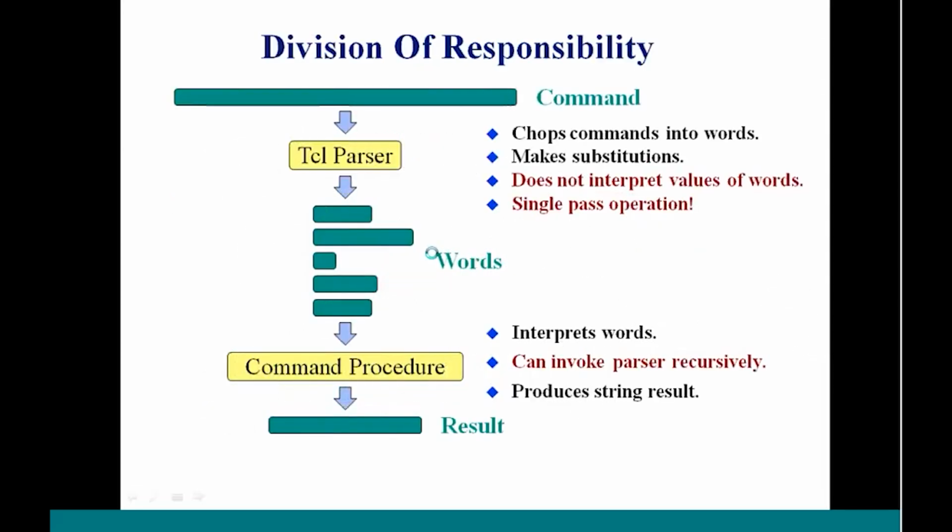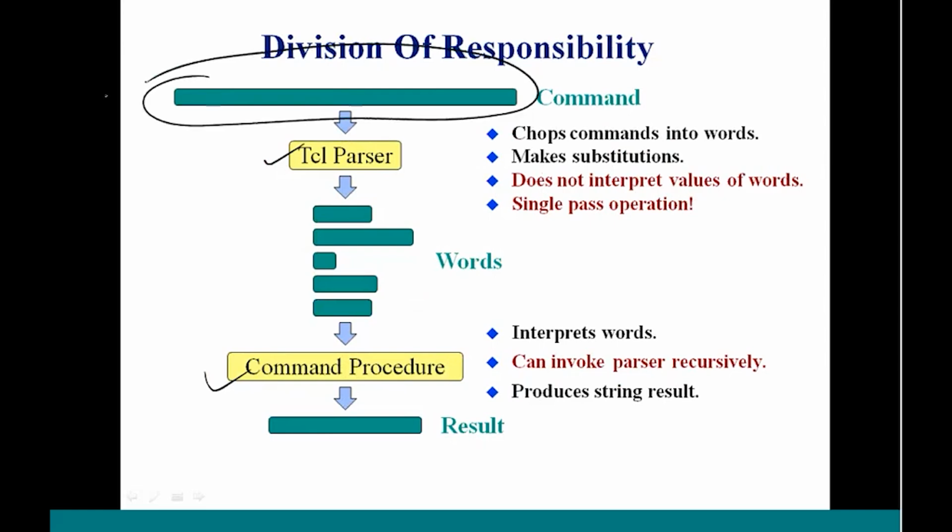Let's move on. In terms of how a command is parsed, there is a division of responsibility inside the Tcl parser. It has two components: one is the Tcl parser itself, and the other is a command procedure.